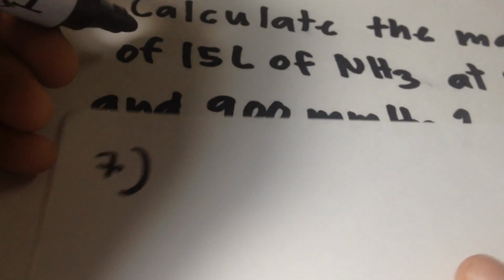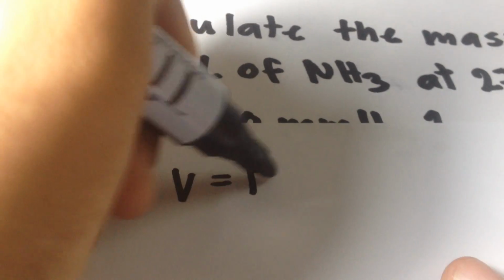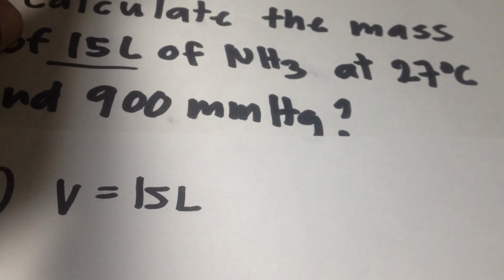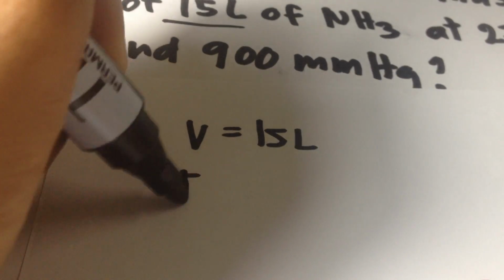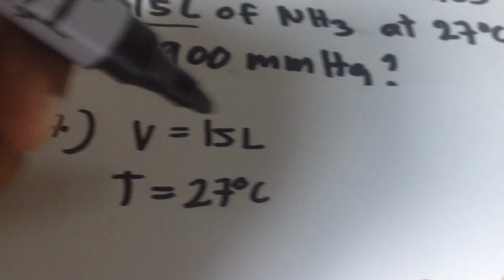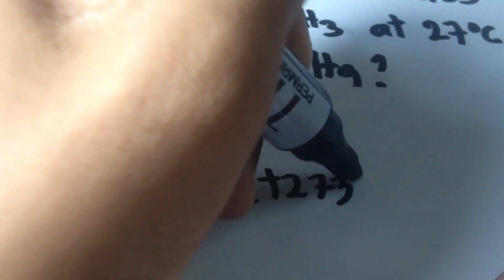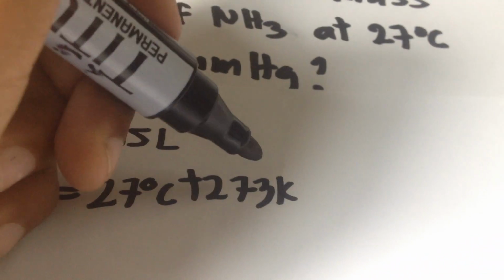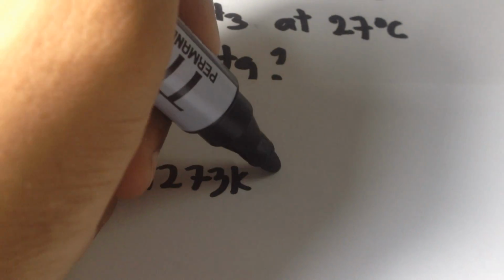the mass. So we have a volume here, 15 liters, and a temperature of 27 degrees Celsius plus 273 Kelvin, so equals 300 Kelvin.